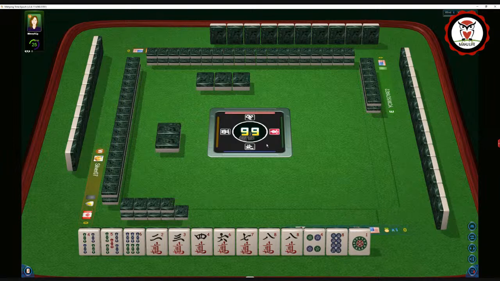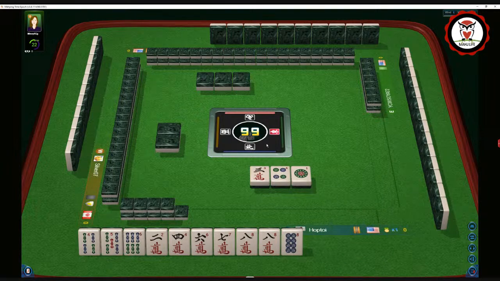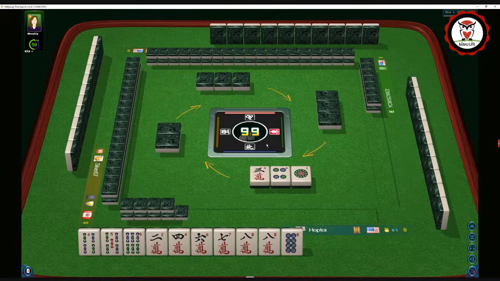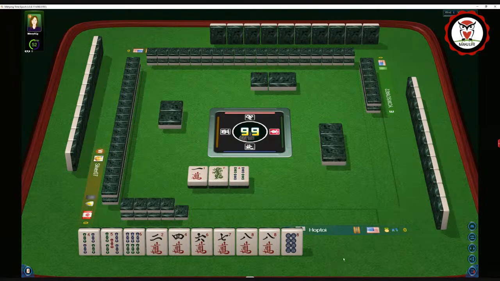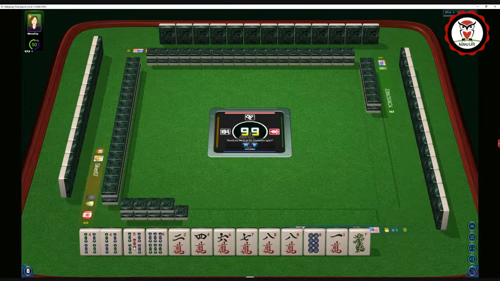We could maybe try for a consecutive hand, 4, 5, 6. Let's see, 5, 6, 8, 8, 4, 5, 6, 7, 8, 8. We need a 7 bam, not a 4 bam though. We just picked up a 4 bam. Okay, so I would reassess at this point.